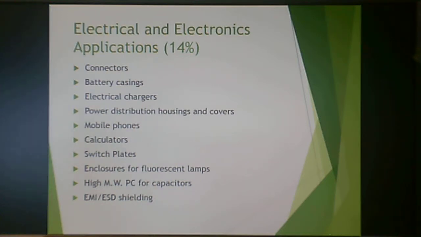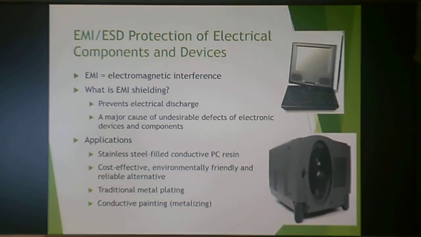Well, what's EMI? EMI is electromagnetic interference. Shielding is something that prevents electrical discharge, which can be a major cause of undesirable side effects in electronic devices and components. So you use EMI shielding to be able to use multiple devices without them interfering with each other.